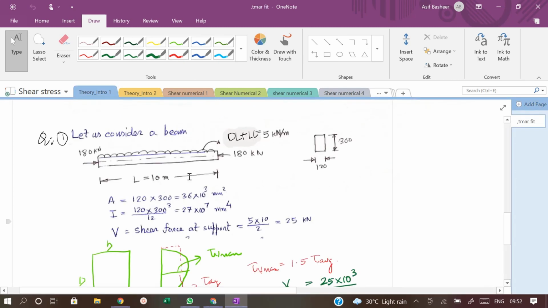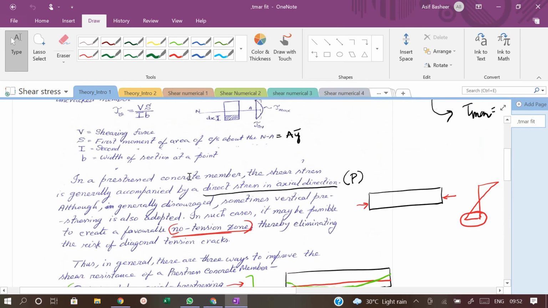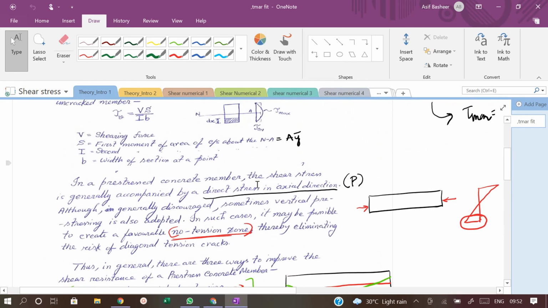Now I will come to here. Now you may read this. That is, in a pre-stressed concrete member, the shear stress is generally accompanied by a direct stress in the axial direction. Although generally discouraged, we are discouraging the use of vertical pre-stressing because it is highly uneconomical, or the anchoring methods are very much difficult.